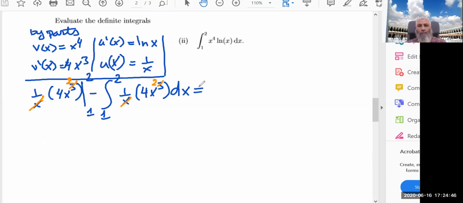Yes, so we have here 4x squared, with limit from 1 to 2. Then minus integration, we also have 4x squared dx, right?